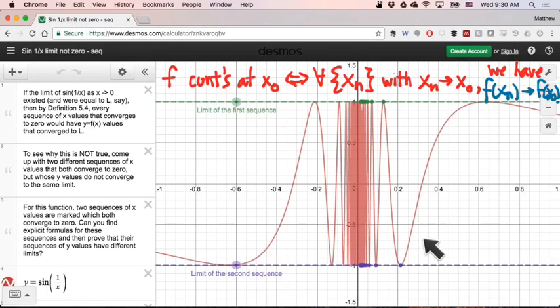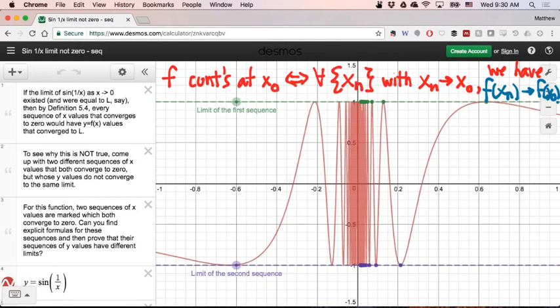So in this picture, we're kind of trying to show that the sine of 1 over x is in fact not continuous at x equals 0, doing so by finding two different sequences of x values that converge to 0. So here's one sequence of x values converging to 0. Here's another sequence of x values converging to 0. But the y values that are taken along that sequence are different for these two different sequences.